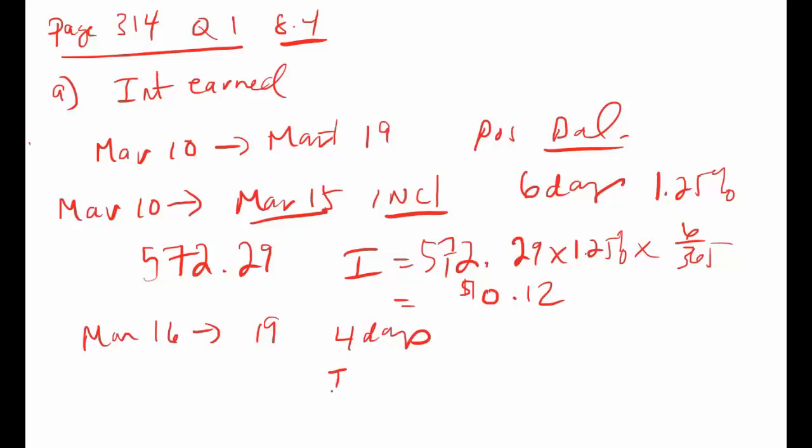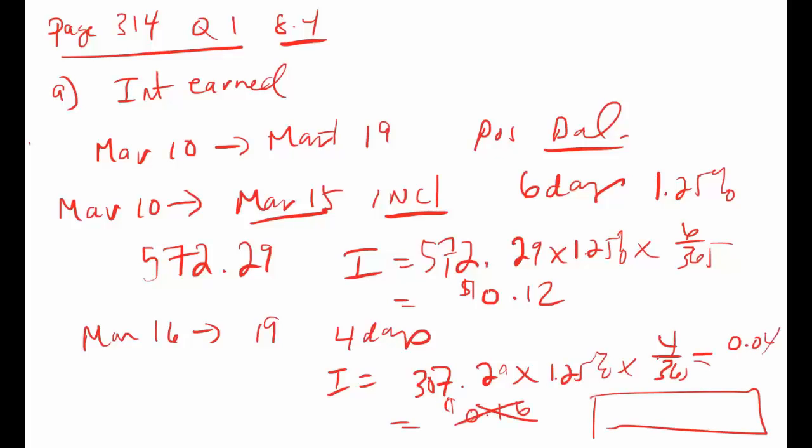So interest equals 307.29 at 1.25% for 4 days out of 365, which is 4 cents. So we have 12 cents plus the 4 cents, so 16 cents is A.